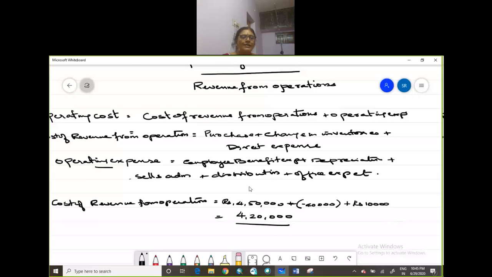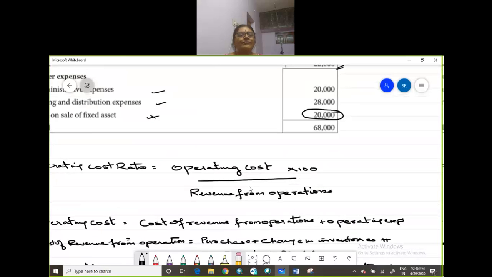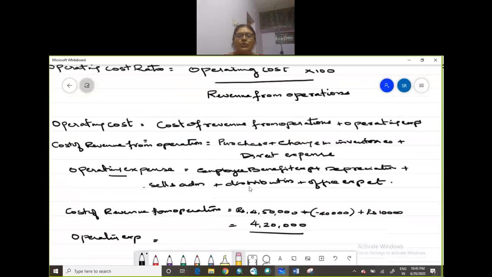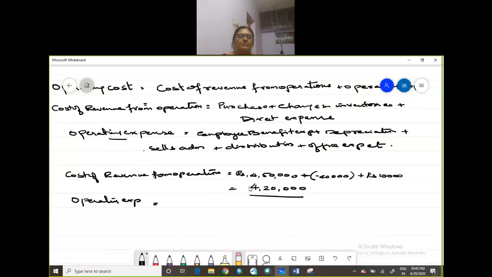So operating expense is all your employee benefit. Employee benefit is your salary. What is the salary here? 12,000. So that is 12,000 salary. Plus what you have? Your other administration and selling expenses.